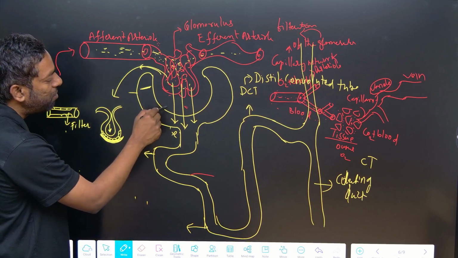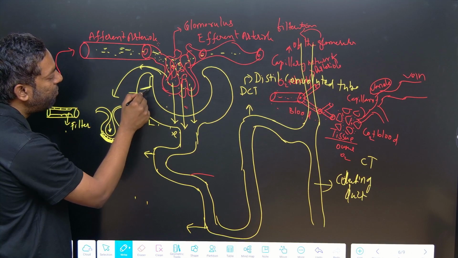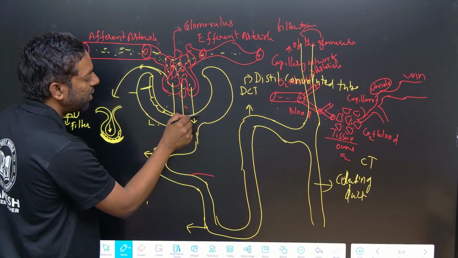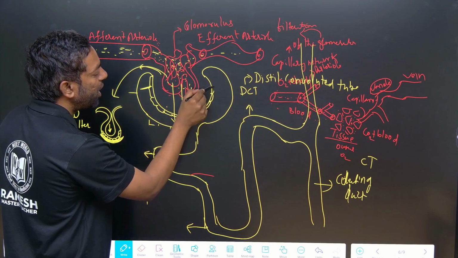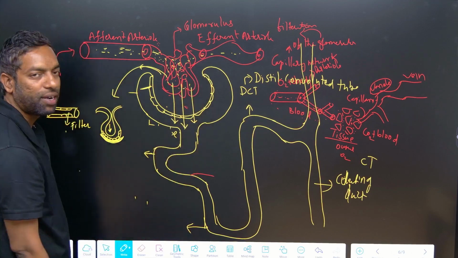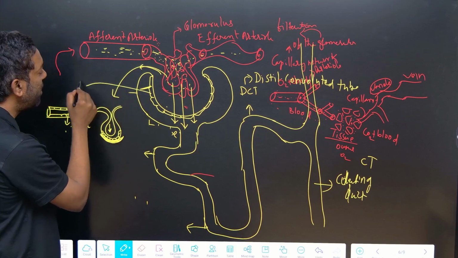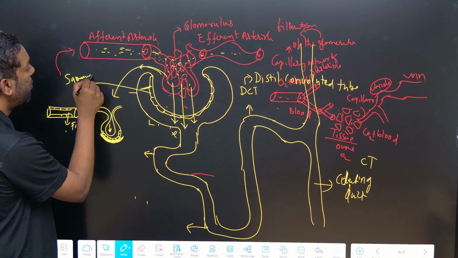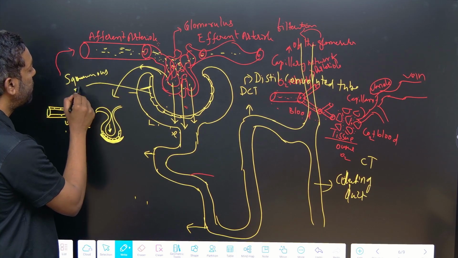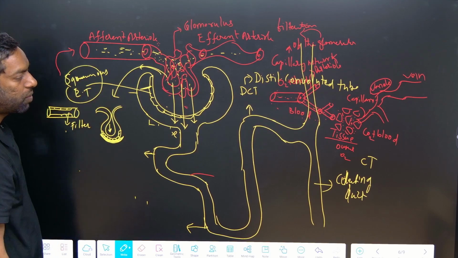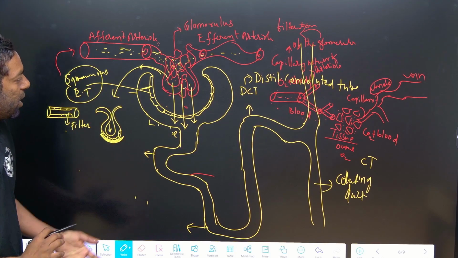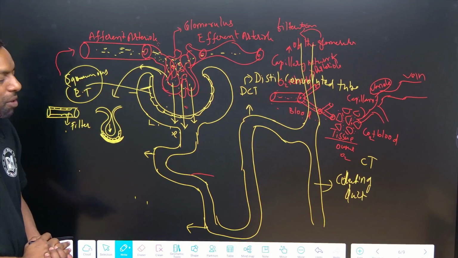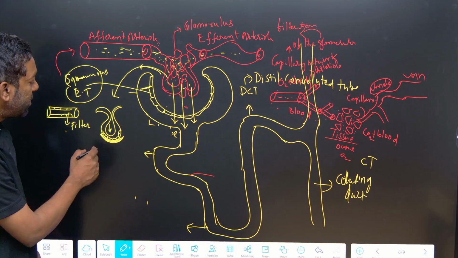Bowman's capsule is also made up of epithelial tissue, guys, most important. Where the filter is going to take place, there is epithelial tissue. This is squamous epithelial tissue. Here the filter takes place from the capillary network into the Bowman's capsule. It can cross 3 layers.